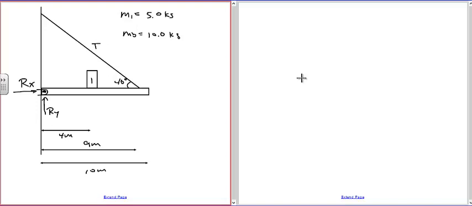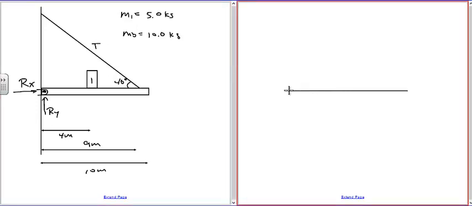So let's draw our free body diagram on this beam. So here's our beam, which I'm going to show as a horizontal line. I'm going to assume that the reaction force is pushing to the right. That's going to counteract the wire pulling to the left. So that's R sub X. That's R sub Y. We've got this thing 4 meters from the wall. So we're going to have the weight. This is the weight W1.